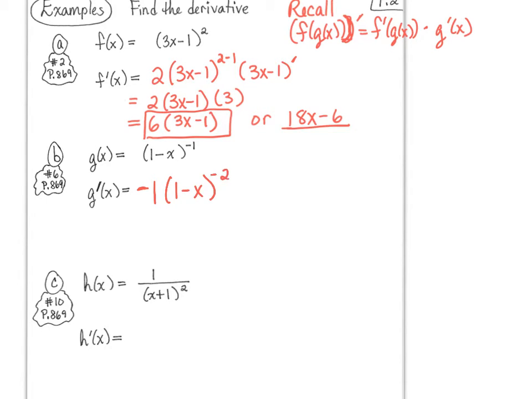Good. And then times negative 1. Very good. Because that's the derivative of 1 minus x. And then what do we get? 1 times 1 minus x to the negative 2. Good. So we just get 1 minus x to the negative 2 because negative 1 times negative 1 is 1. You got it.